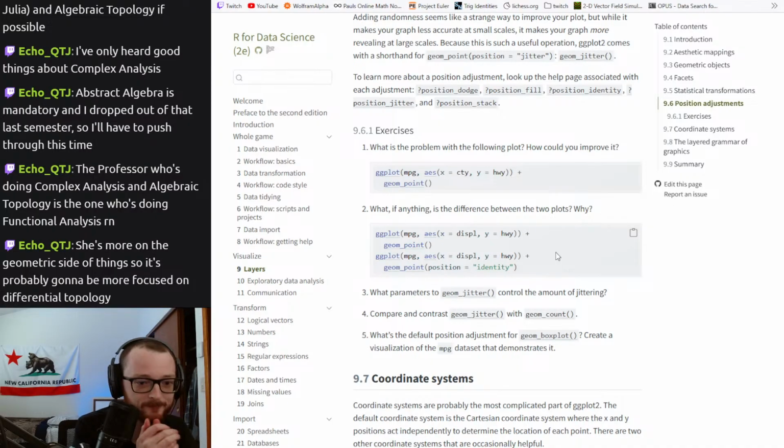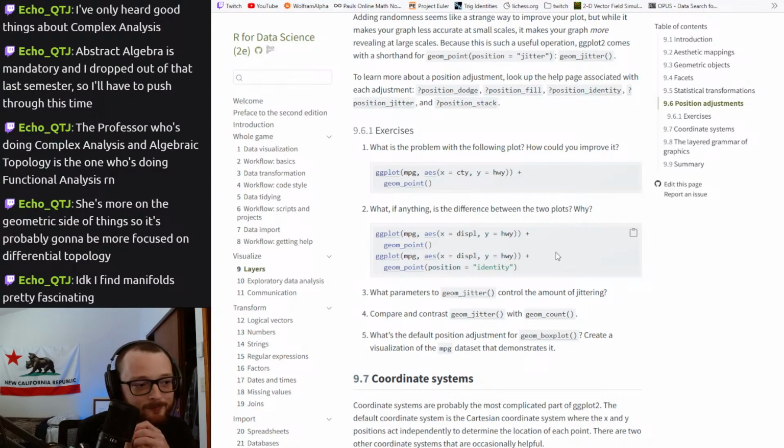Oh my gosh. I'm getting tired. But yeah, it's good stuff though. Hopefully the professor for complex analysis and algebraic topology isn't going to super overdo it like it sounds like she's doing with functional analysis. But those are good courses.